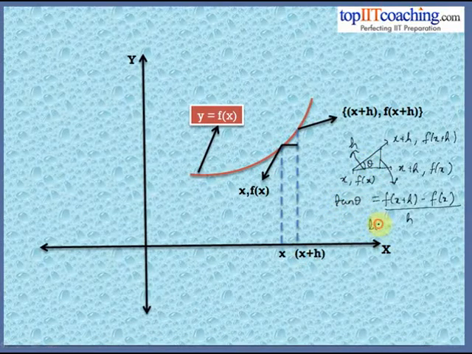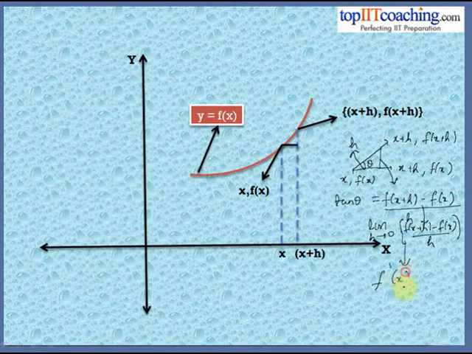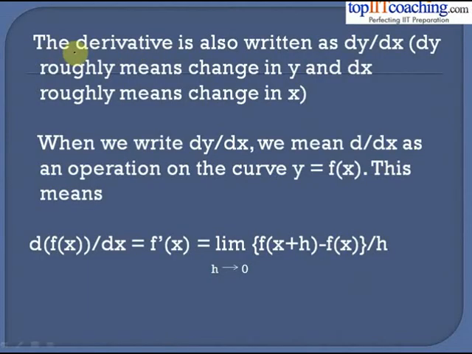So when h tends to 0, f(x plus h) minus f(x) divided by h is called the derivative of f(x) at the point x. So this is equal to f dash x. We can say that it is the ratio of change of f(x) with respect to change in x.